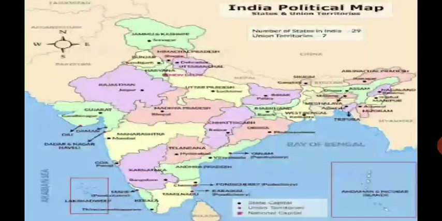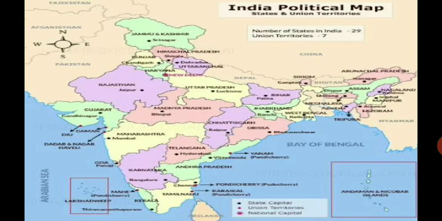Jammu Kashmir is in the north direction, Tamil Nadu and Kerala are in the south direction, Gujarat and Rajasthan are in the west direction. In this map we can locate the states, the boundaries of the states and the boundaries of the countries. Here we can see the number of states in India is 29 and union territories 7, but now it has changed. It is an old map, so it is like that.